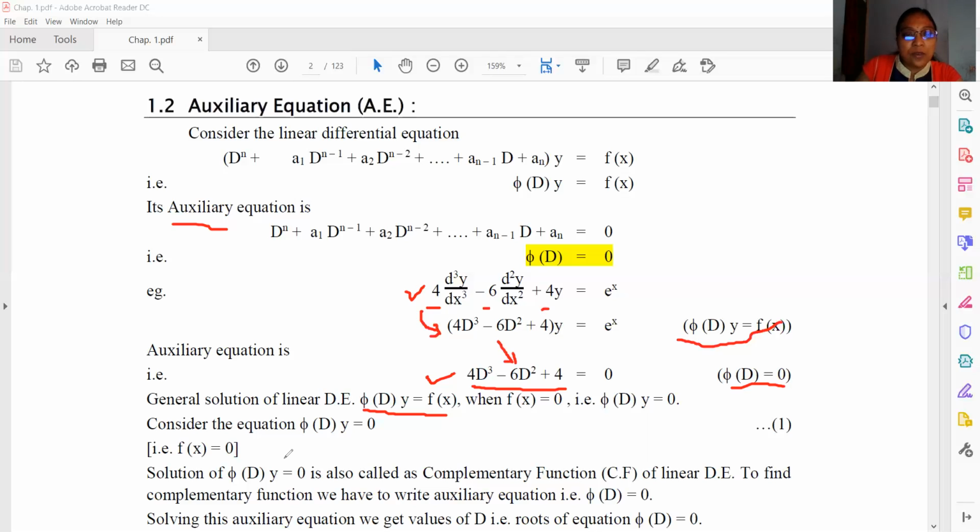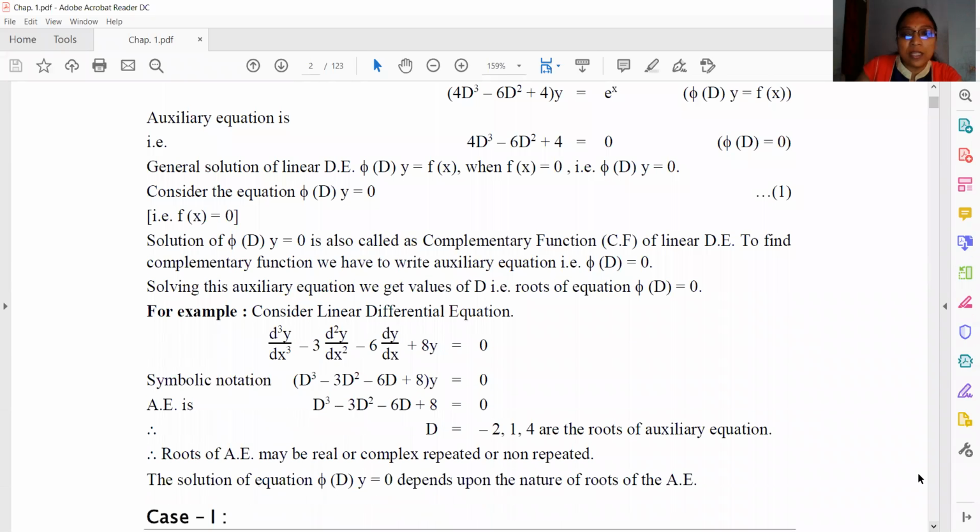Now we'll first of all see how to find the solution of a linear differential equation with constant coefficients which is in the form phi(D) y equal to 0. It means whenever f of x is 0, how to find the solution, that we'll see first.